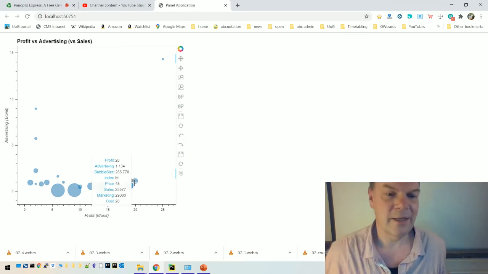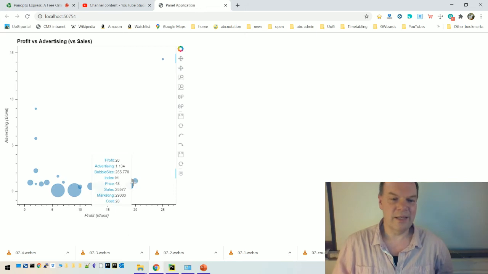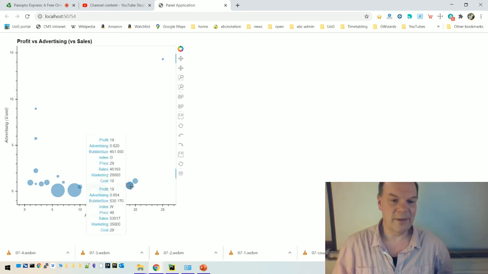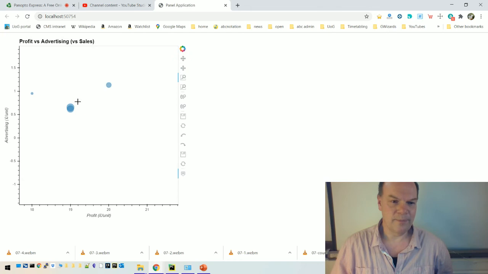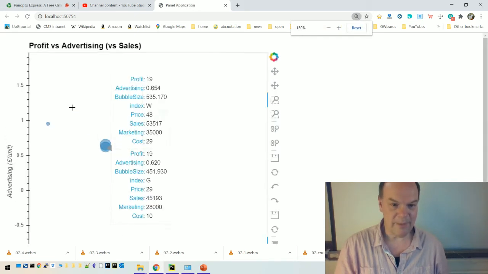So you can see the profit in this case, let's look at this one. In fact, there are two sitting on top of each other. Let's zoom into that one. So there they are, you can see I've got two bubbles there, W and G. Let's make that a bit bigger.